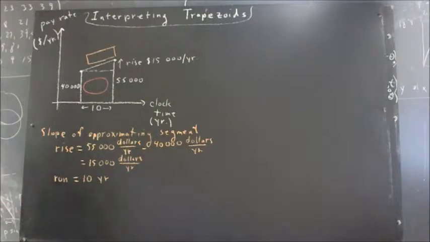Okay, so we have the rise and the run, so the slope is going to equal rise divided by run.